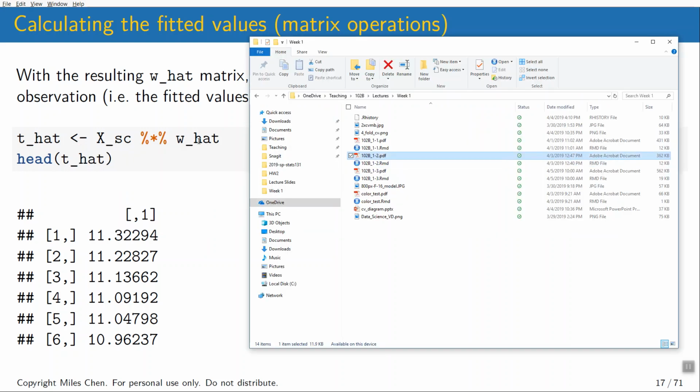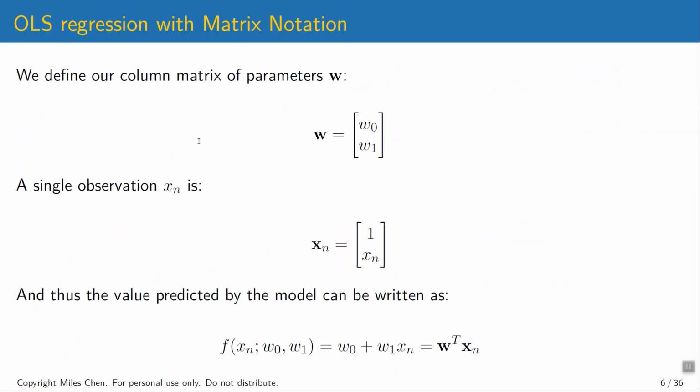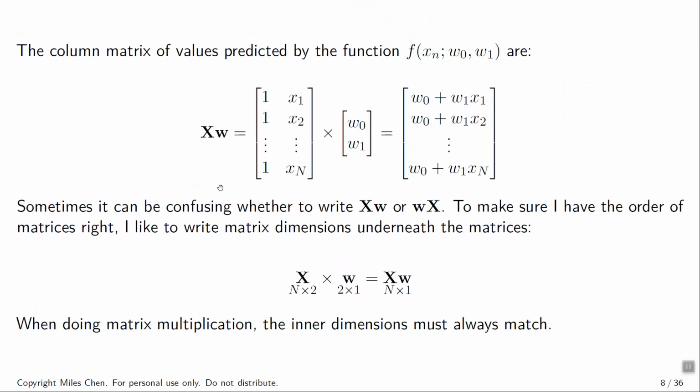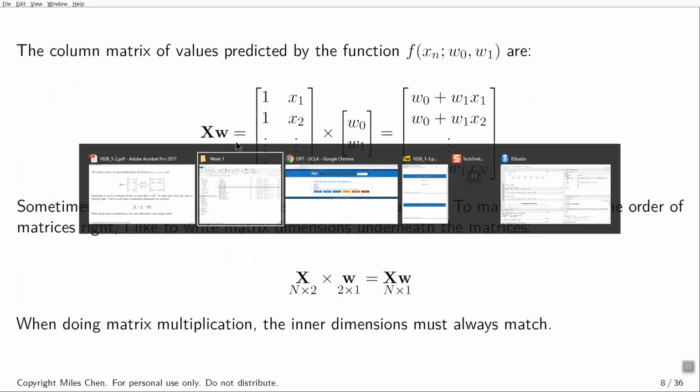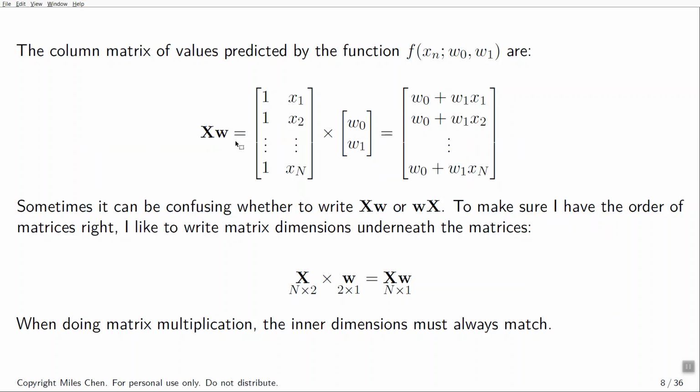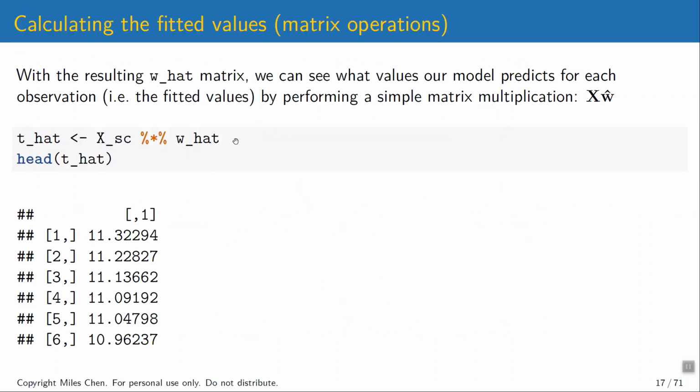The predicted values can be written as Wx, or x times W when you're dealing with the entire matrix. So we're just doing x times W to get the predicted values T hat.